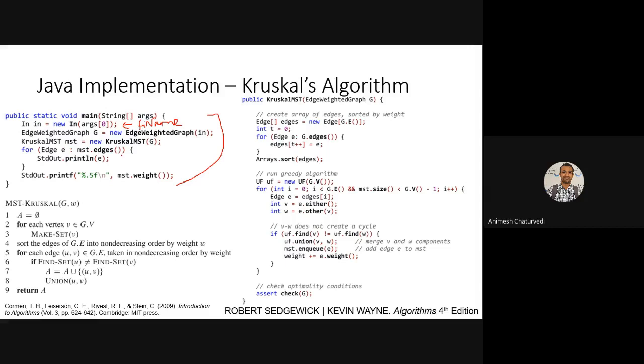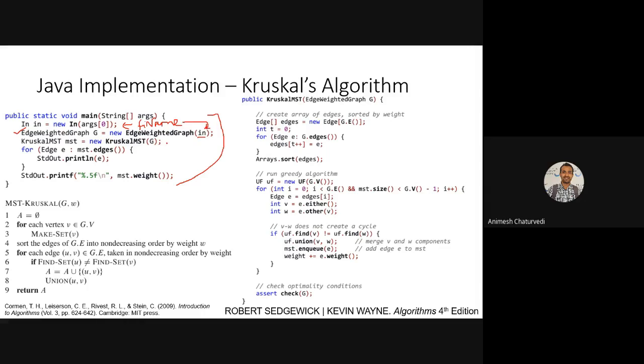I hope this much Java is clear to all of you, as this should be the essential and basic part to understand this program. So this Kruskal was being called. First, we had already discussed this edge weighted graph, meaning the edge weighted graph is created based upon the file that you are passing in.